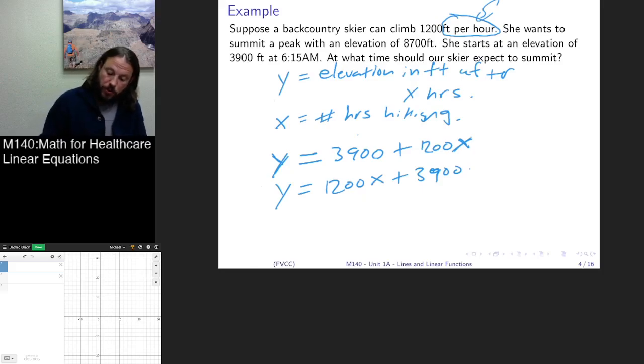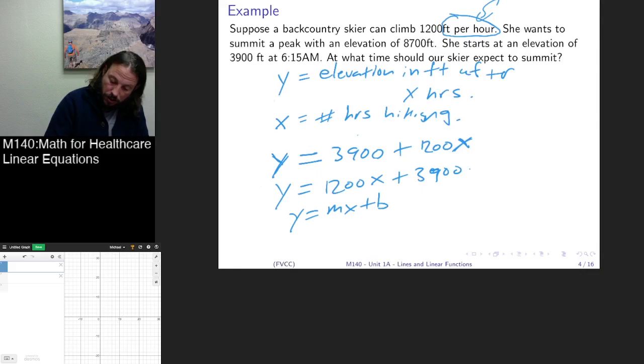All right, so what is this? This is called slope-intercept form, and we have y equals mx plus b.